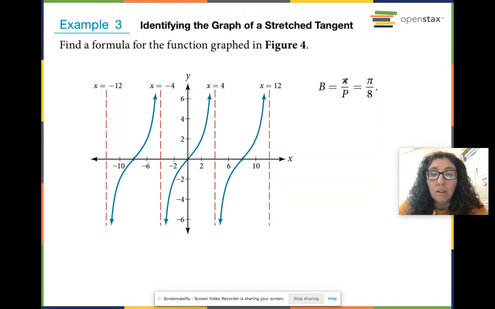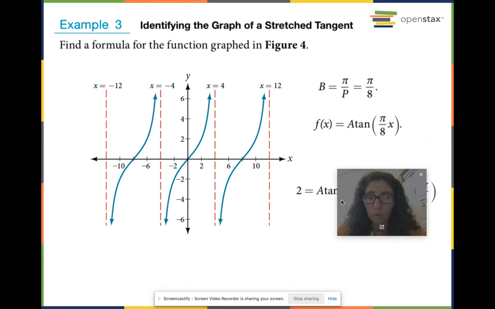So pi divided by the period is going to be our b value, right? Normally we say the period is pi divided by b. It goes either way. So our b value is pi divided by 8. Okay. So we put that together. Here's our amplitude point. And our amplitude we figured out is 2.